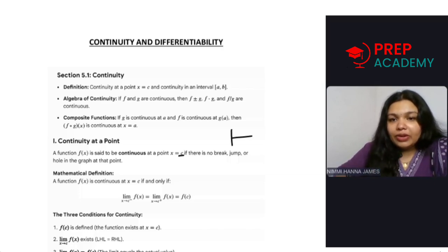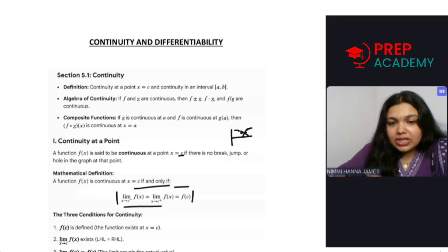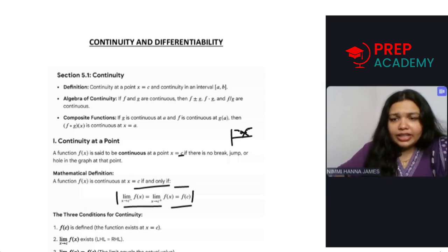In the earlier example, from here it jumped below, and then from here it took a jump here also, so it's not a continuous function. So the limit of f of x as x tends to c minus is equal to the limit of f of x as x tends to c plus, which is equal to f of c. This is the mathematical definition for continuity. If any function satisfies this, then it's a continuous function.